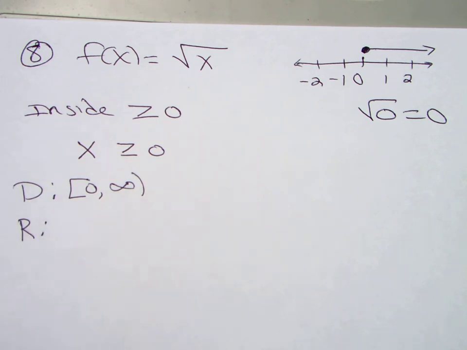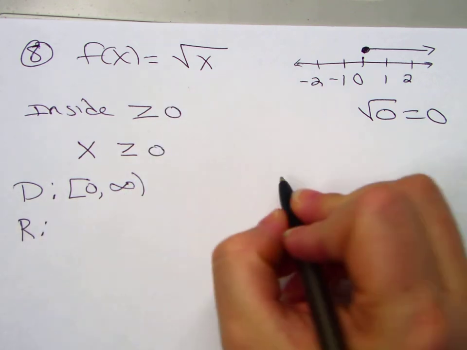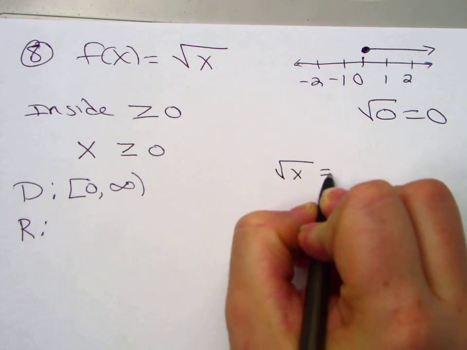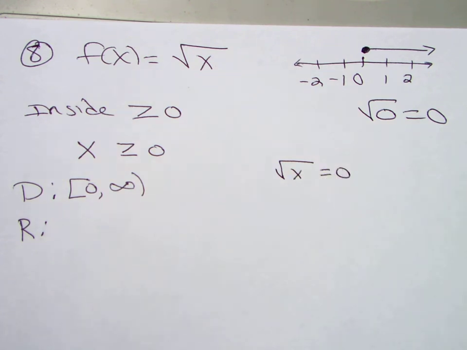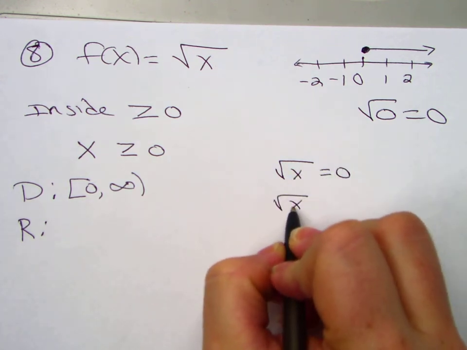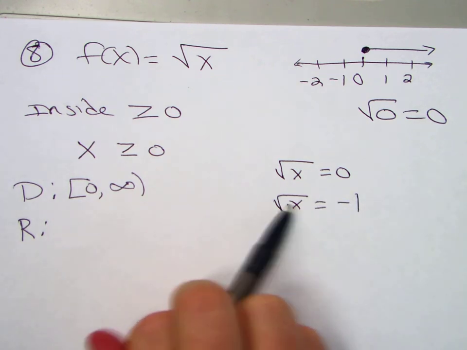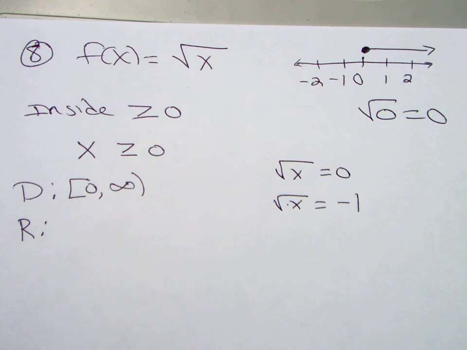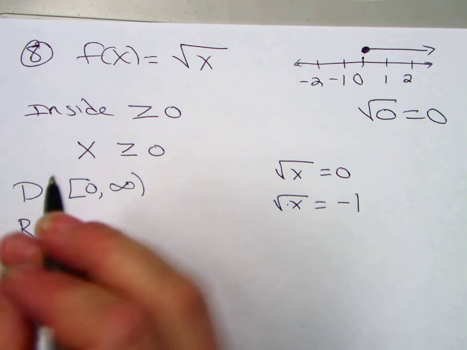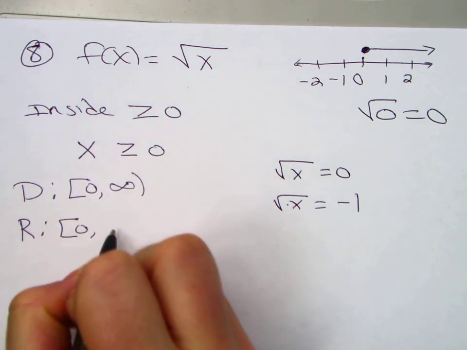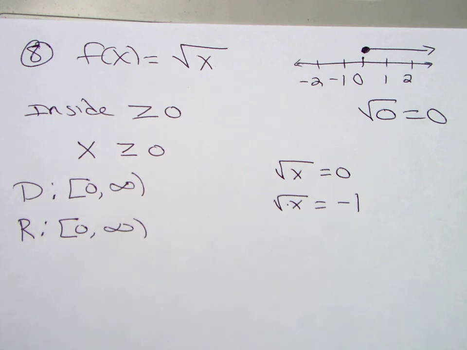What do you think the range is? What can you set equal to a radical? Can a radical equal 0? Yes. Can a radical equal negative 1? What can you plug in here and get a negative out of? Nothing. So the range and the domain are the same in this case.